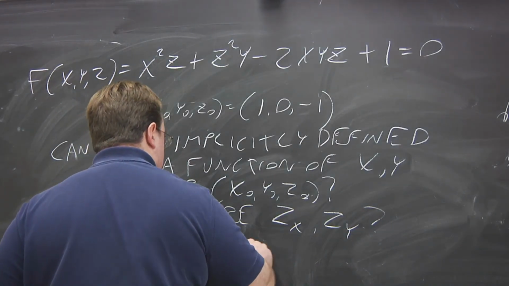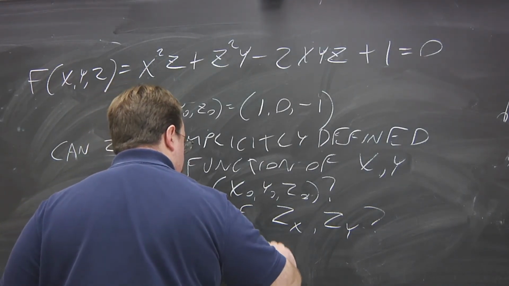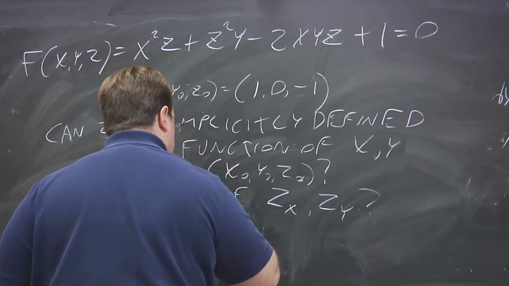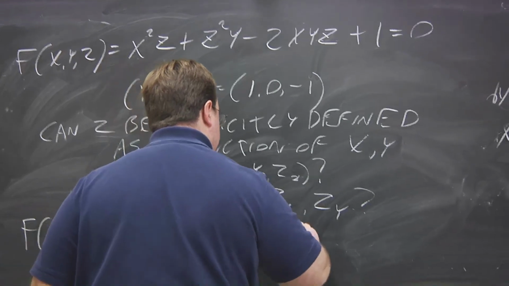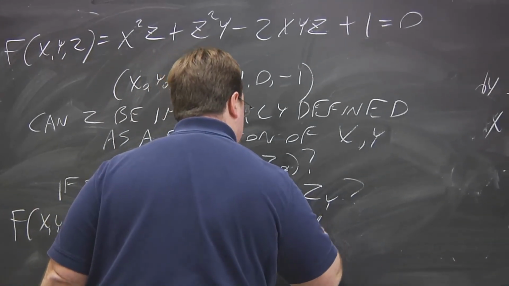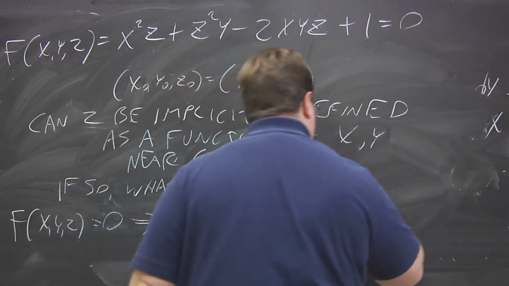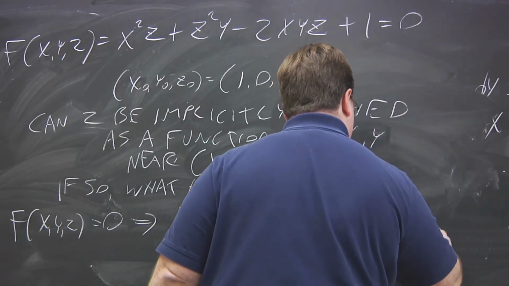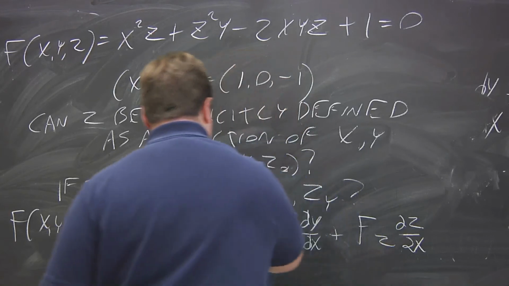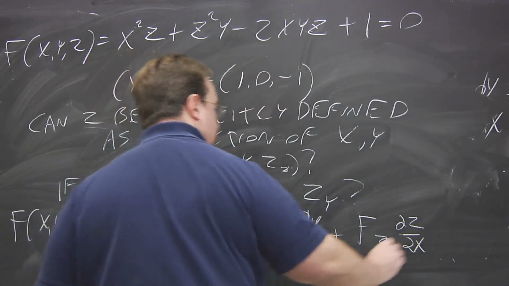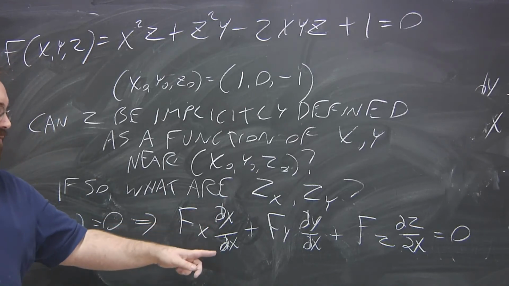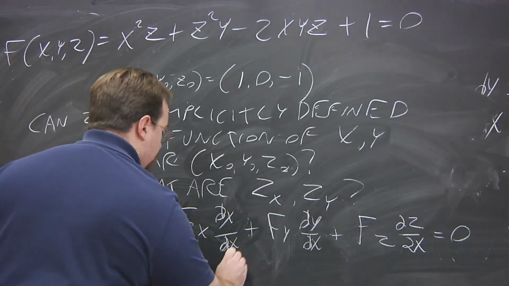fx dx/dx plus fy dy/dx plus fz dz/dx is equal to 0. Now partial of x with respect to x, that's 1.